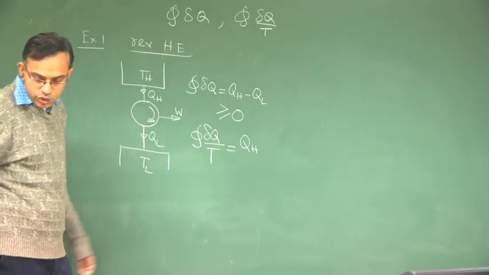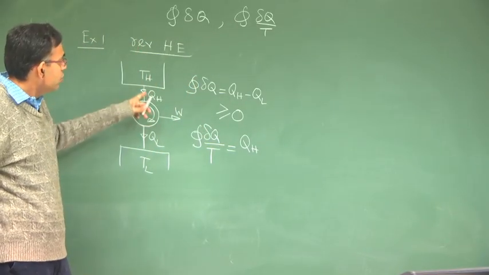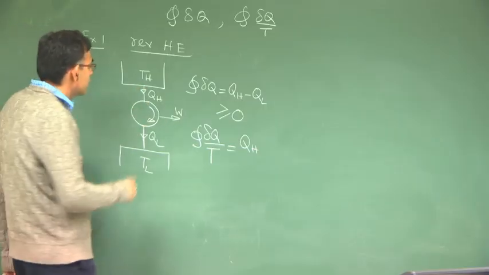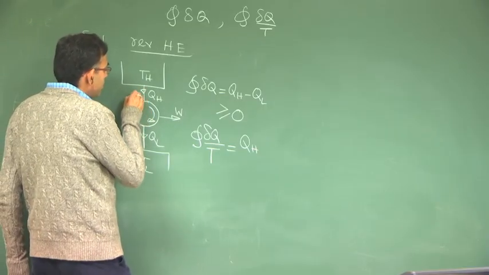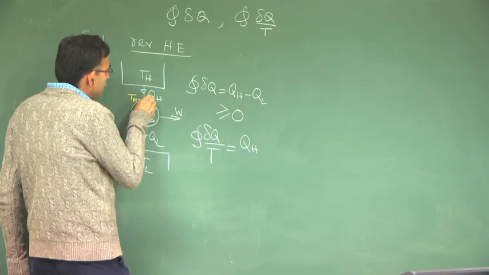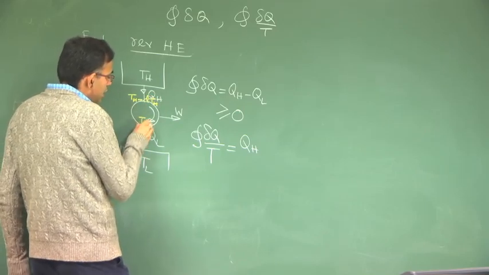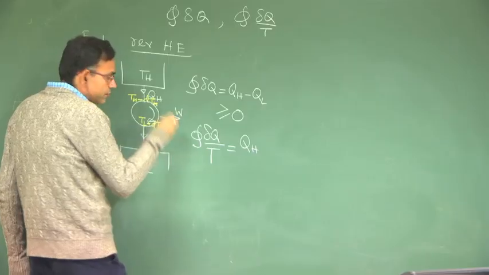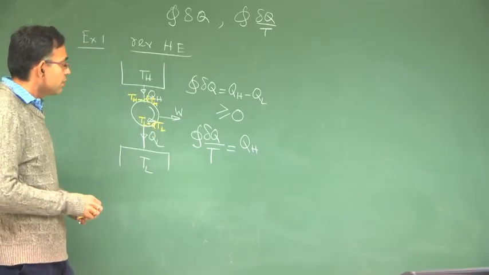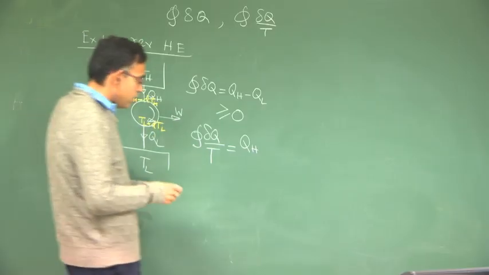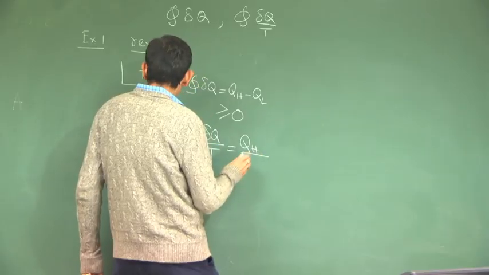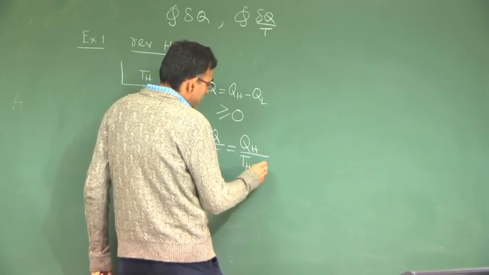Let us assume that these are both internally and externally reversible. What is the temperature here? TH minus DTH, and this is TL plus DTL, right. So, this is QH by TH minus DTH.